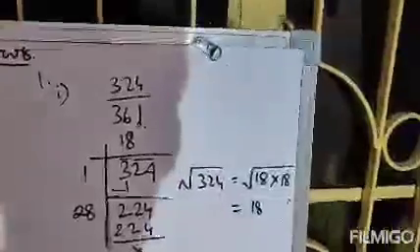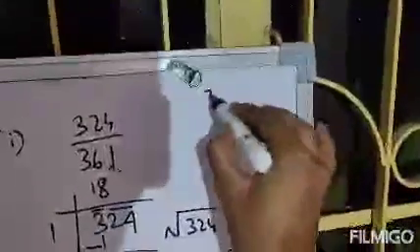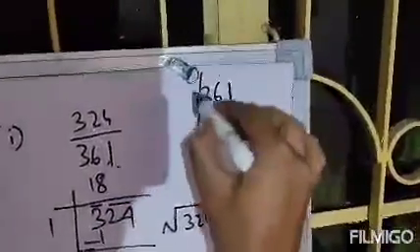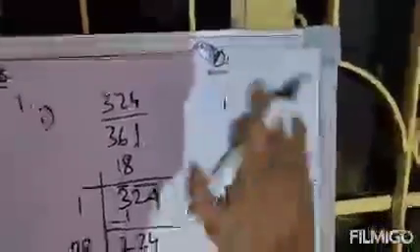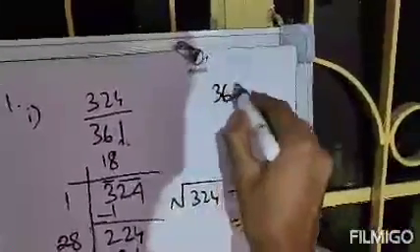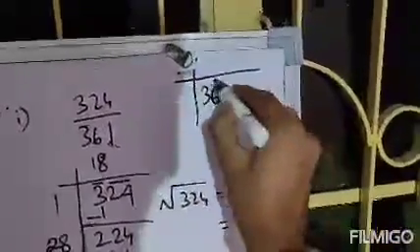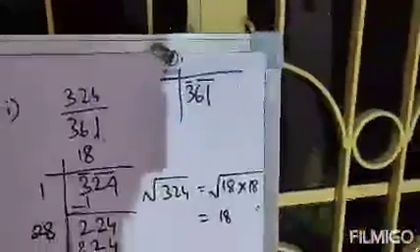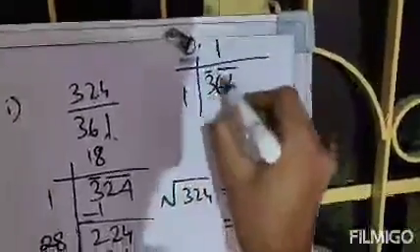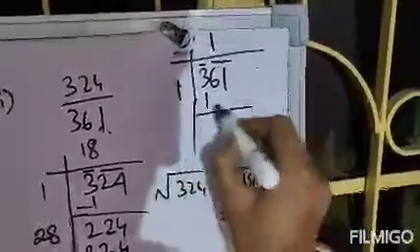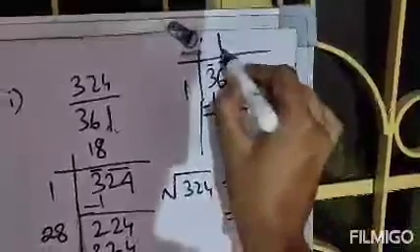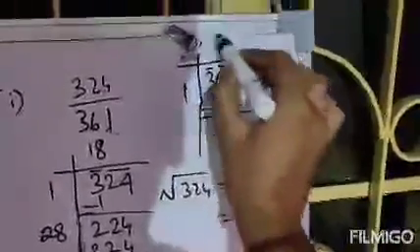Next the denominator is 361. So find the square root of 361. Take two numbers from your right side. Now 1 ones are 1, subtract, this is 2. This 1 is multiplied by 2.